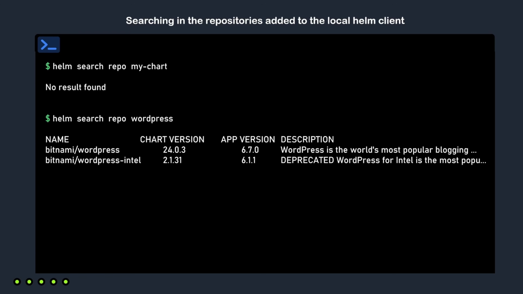Otherwise, Helm gives us a list of charts with the name, the version, the app version, and the description for each chart. So that's all about searching for Helm charts using the Helm CLI. We will see later how to search for Helm charts in the Artifact Hub website.